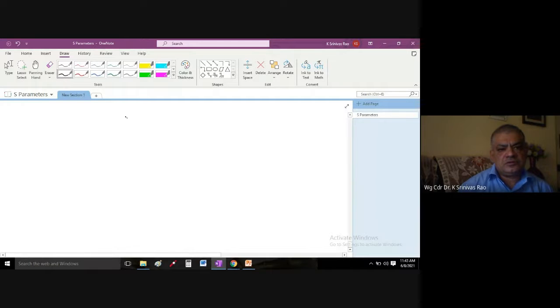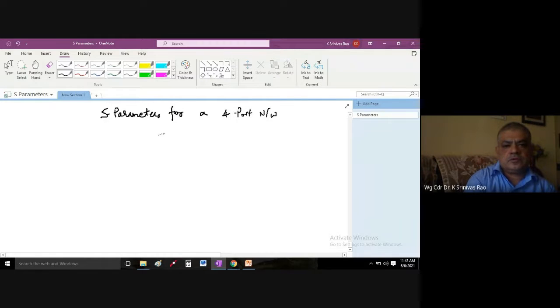In the previous class we have seen the S parameters for a two-port network. Now in this session, please everyone note down, we'll try to calculate the S parameters for a four-port network.